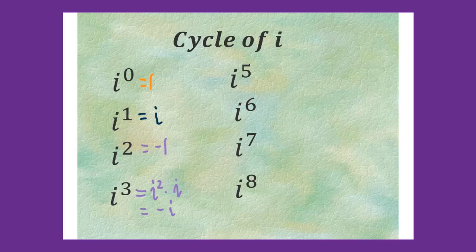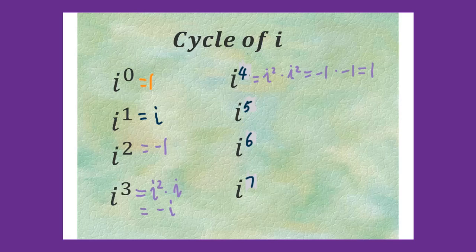For i to the 4th power, you could say it's i squared times i squared. That means negative 1 times negative 1 equals 1.